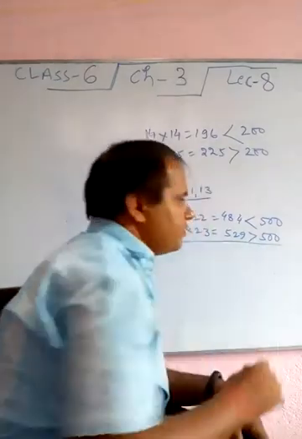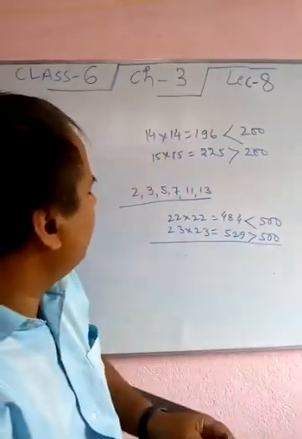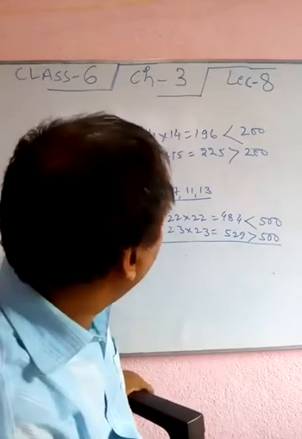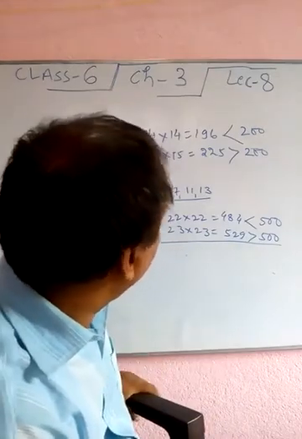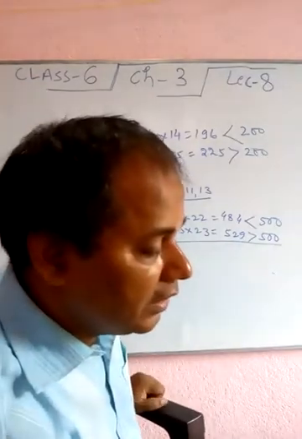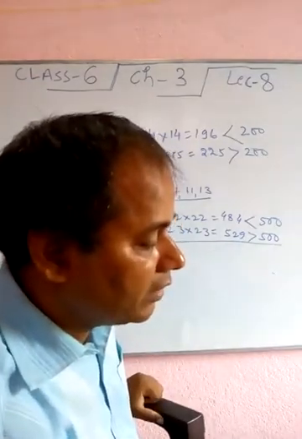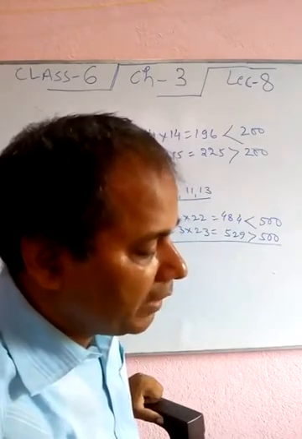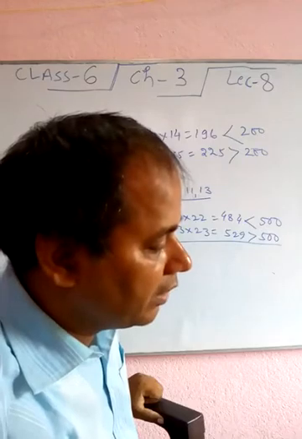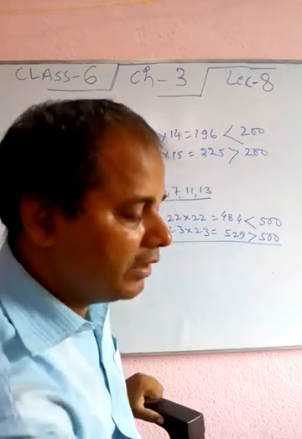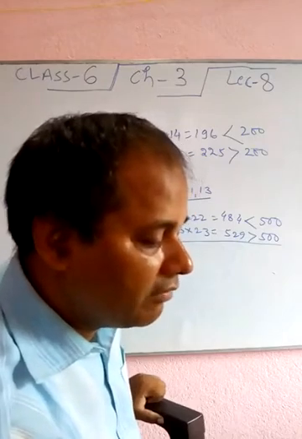In this case, if the number is divisible by the prime numbers less than 23, then it is not prime, otherwise it is a prime number. This process continues, and we can apply this rule to any number greater than 500 as well.